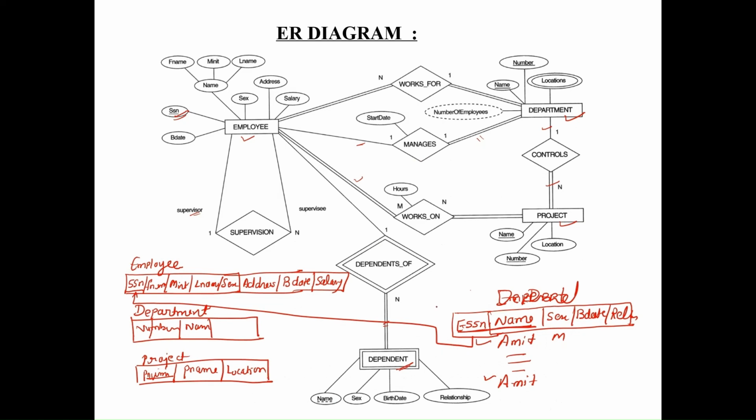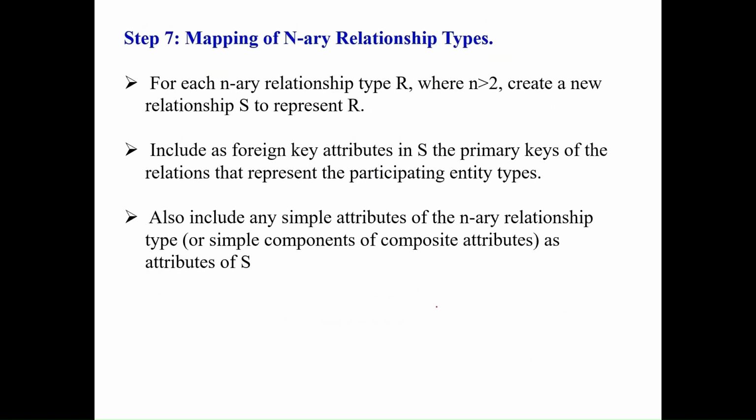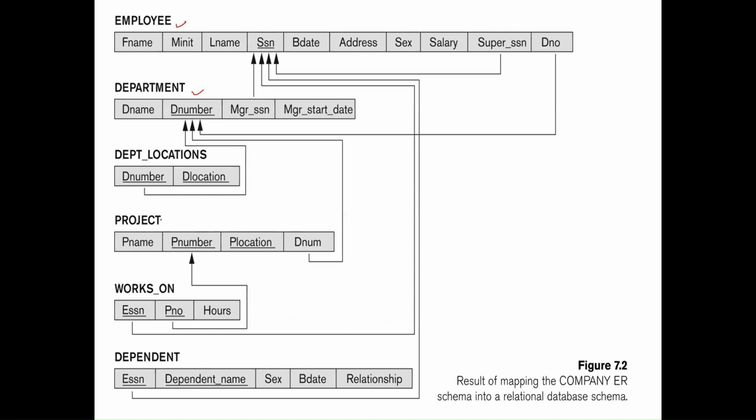So when employee manages the department, you can see it in the ER diagram. In the department table, department number is the primary key, and here MGR SSN is considered.